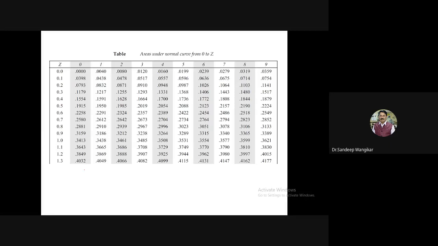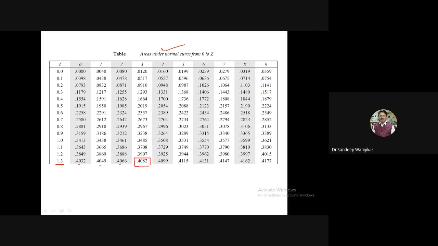So I will say area under the normal curve, the table heading is given from 0 to Z and Z is, for example, 1.3. So 1.3 exactly. So our value is 1.33. So 1.30, this value, 1.31. So 0.1 is there. 1.32, this value, 1.33.